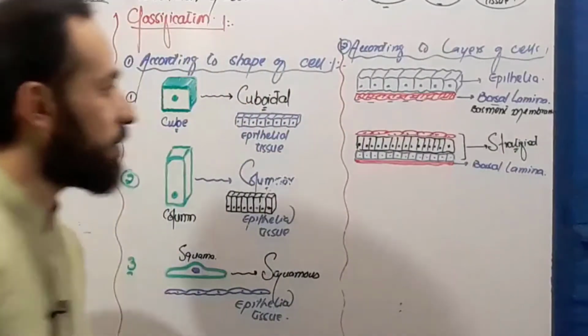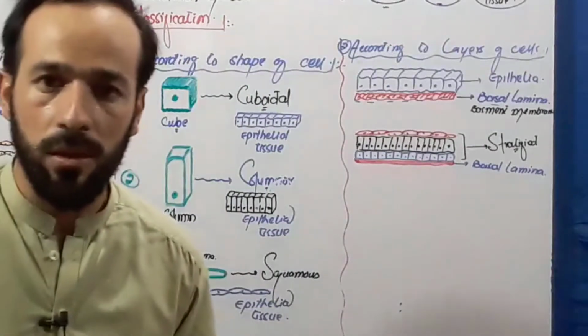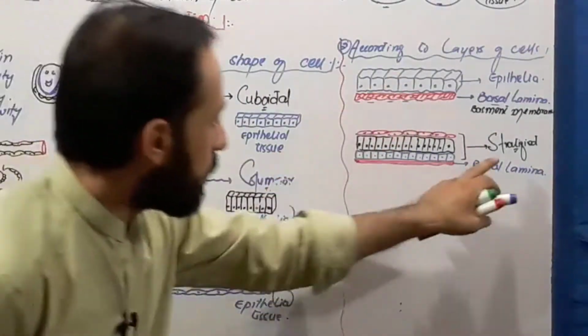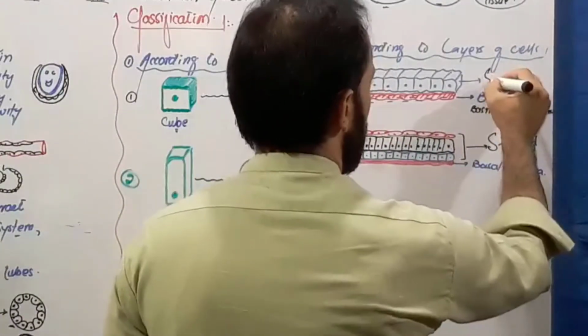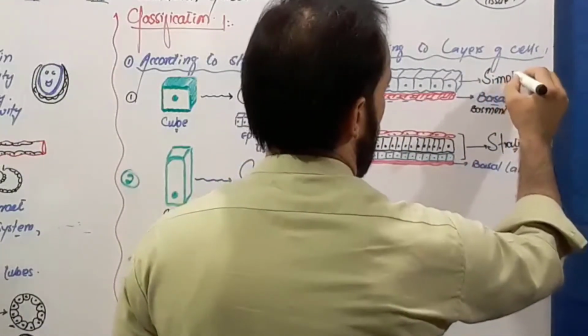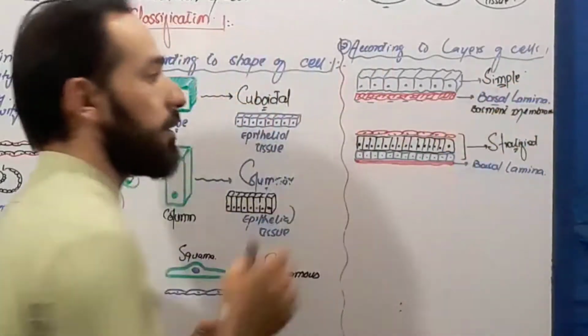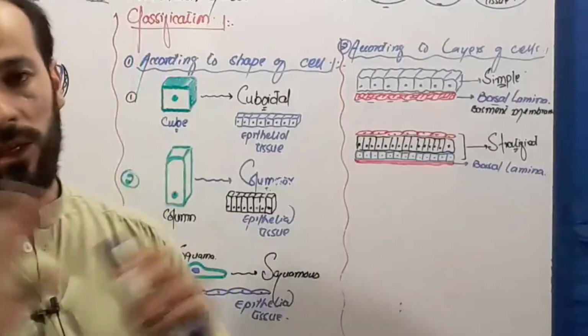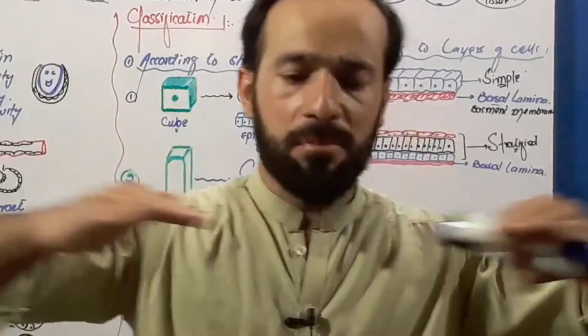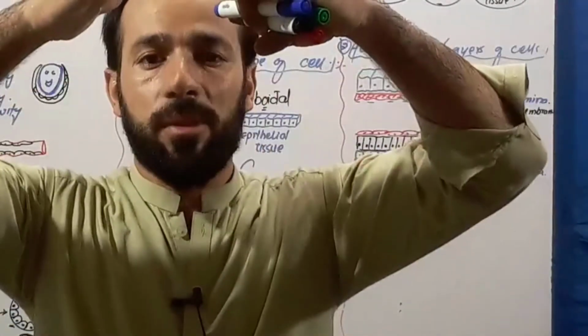Stratified is also known as compound. This is simple and this is compound, right? So let me write here, this is simple epithelial tissue, stratified epithelial tissue. Okay, let's recap. Above the basement membrane there are layers of epithelial tissue.